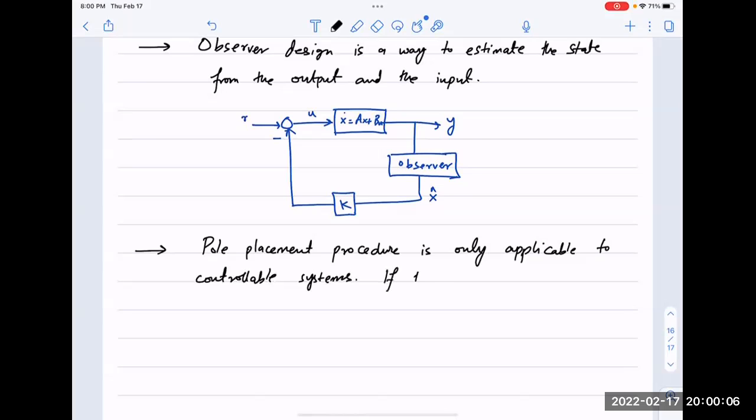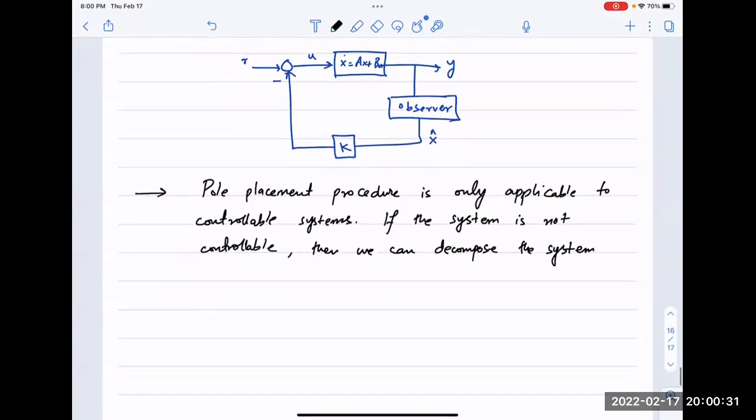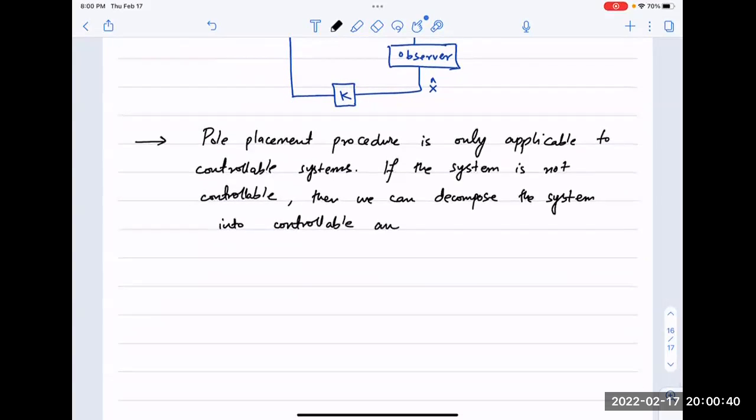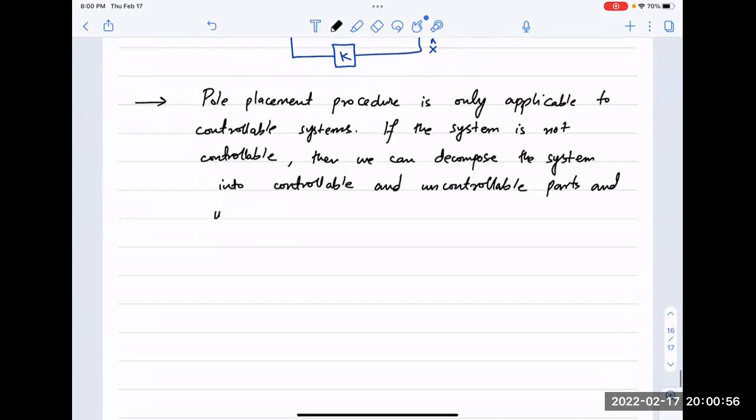So if the system is not controllable, then we can decompose the system into controllable and uncontrollable parts and use pole placement for the controllable subsystem.